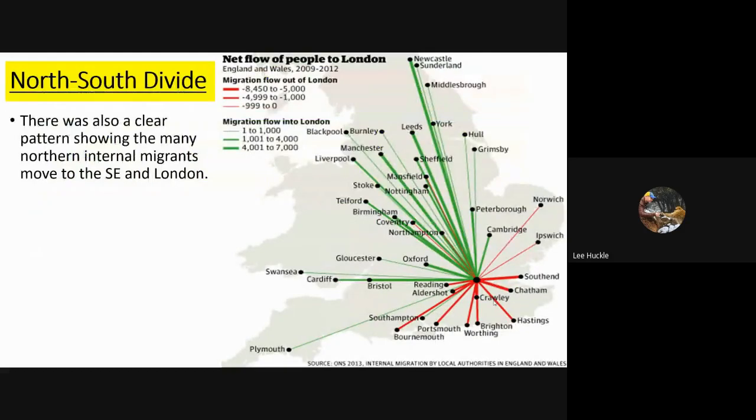So you then revisited this north-south divide. Oh, apologies again. And this point here says there was also a clear pattern showing the many northern internal migrants moving to the southeast and London. So you'd have focused on that in particular and given detailed explanations as to why that is.